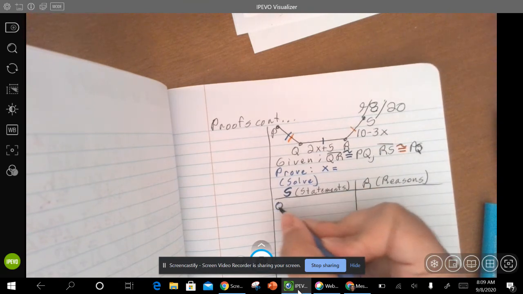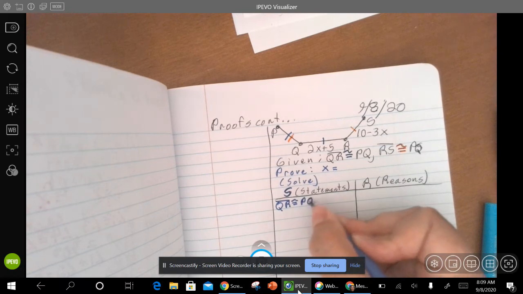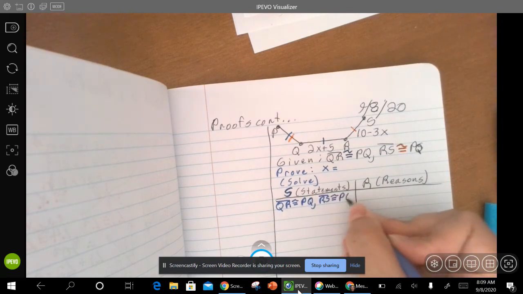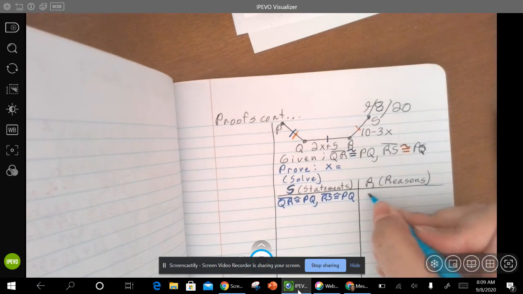So QR is congruent to PQ, and RS is congruent to PQ. And the reason for that is it's our given.